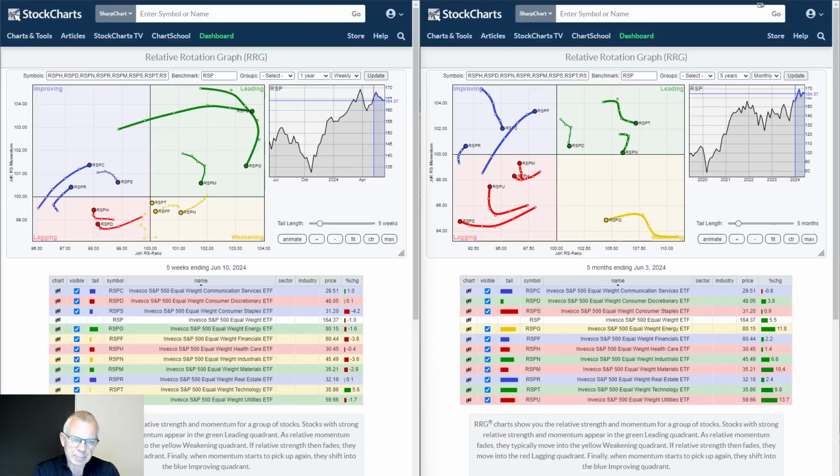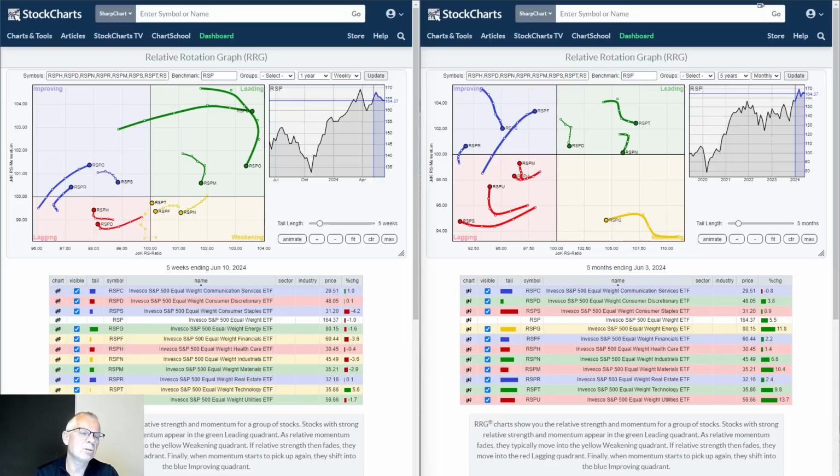Now the next step in the sector rotation model is to figure out in what sort of state the current sector rotation is. And because this is looking at longer term rotations, I am using a combination of weekly and monthly RRGs to get a better handle on what's going on.